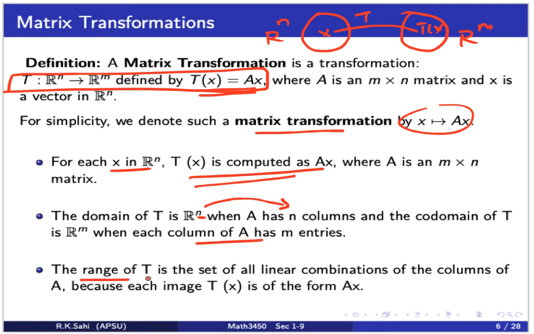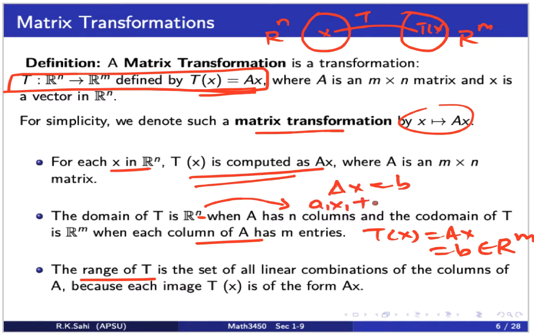And the range of T, remember what we said? We said Tx equals Ax, and Ax is a vector in Rm. And this matrix equation, Ax equals B, can be written as a vector equation, a1 x1 plus dot dot dot plus an xn equals B. That means this range of T is the set of all linear combinations of the columns of A, as every image Tx is of the form Ax.